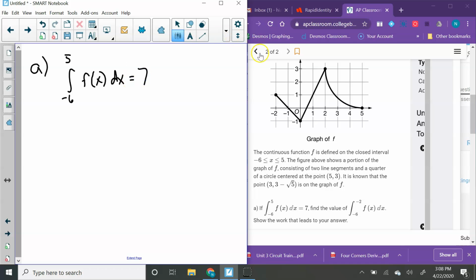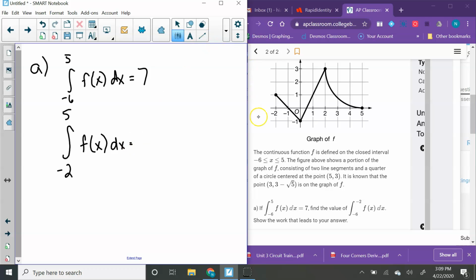So that is the area under the curve from -6 up to 5. Well, -6 is not on the graph. So we're asked to find basically this part that's not on the graph. So what we need to do is find the integral from -2 to 5 of f of x, and then we can subtract it from that 7 that we have.